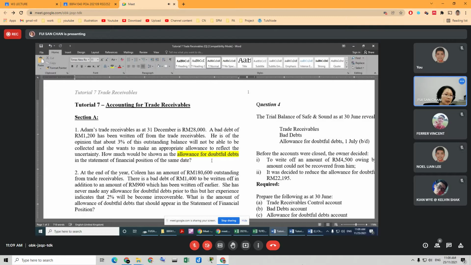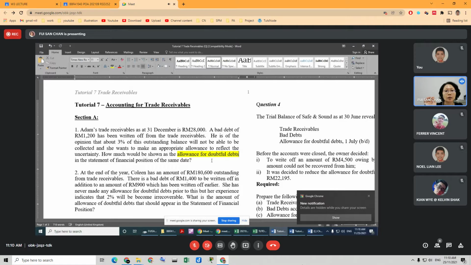Allowance for doubtful debt is we estimate. Like for example, question 1, we estimate out of 28,000, we say that there are 3% maybe cannot be collected.